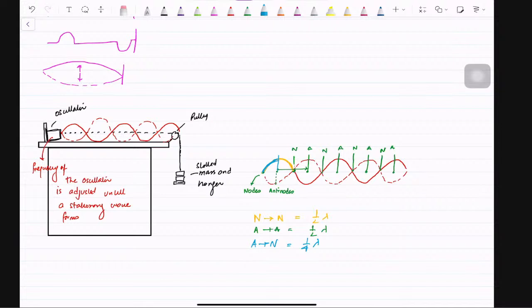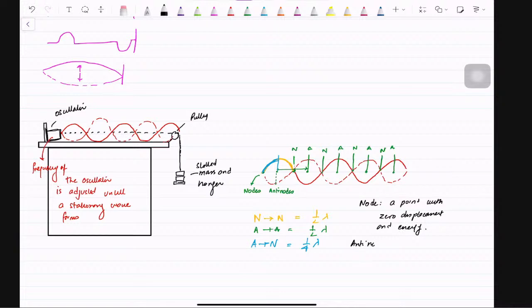Now, a node can be defined as a point with zero displacement and zero energy, no energy there.